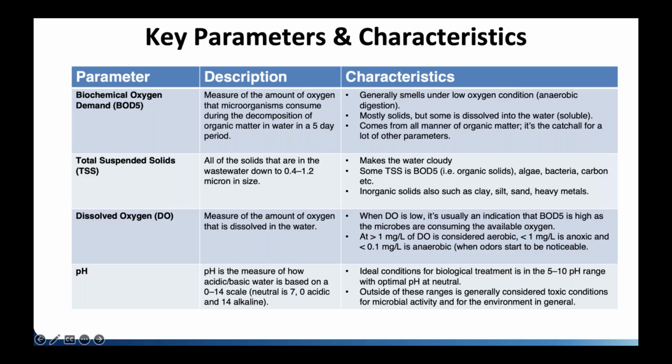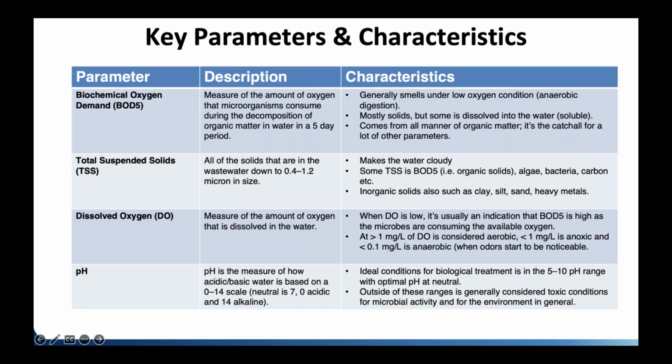Dissolved oxygen. Dissolved oxygen is a measurement of what it sounds like, dissolved oxygen. People also call it DO for short. When dissolved oxygen is low, it can be an indicator that BOD is really high, or that there isn't enough oxygen in the water to treat the BOD.